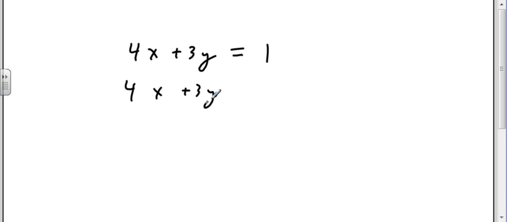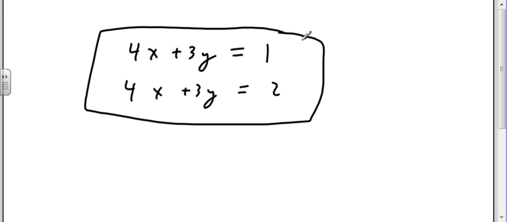The issue is, if I have 4x plus 3y is equal to 1 and 4x plus 3y is equal to 2, do those set of equations have an answer? The answer is no, they don't, because the first one says y is equal to minus 4 over 3 x plus 1 over 3.